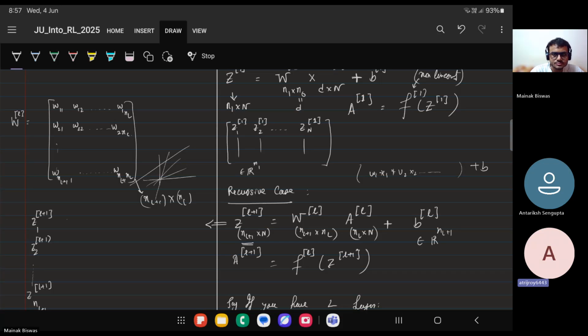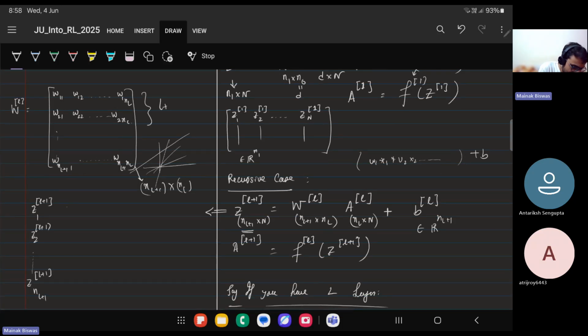Fine. So now it says that it has N_{L+1} equations, and how many unknowns?